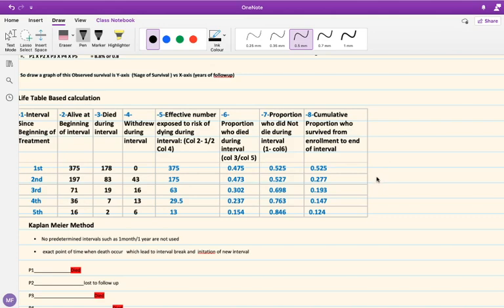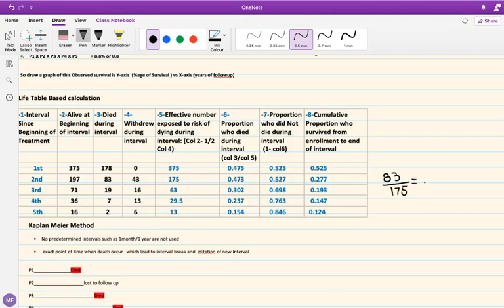The number of individuals who died during that period is 83, and the denominator value given over here is 175.